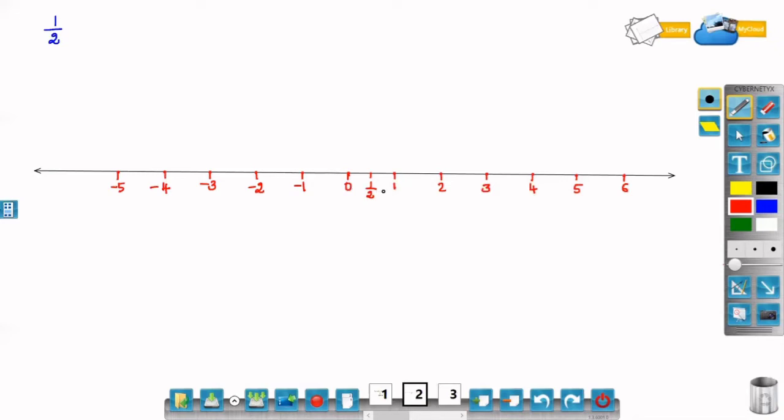Look at the denominator and the number of parts we made between the integers. Denominator is 2, so we made two parts between the integers. And look at the numerator. Numerator is 1, so 1 by 2 is one part away from 0. So denominator tells us the number of parts we have to make between the integers.